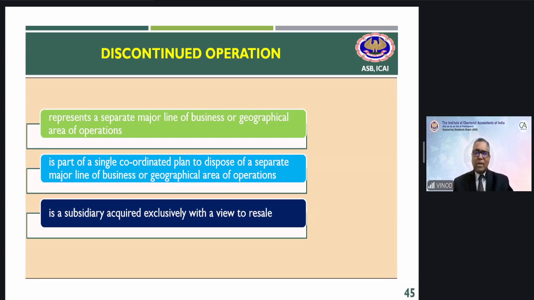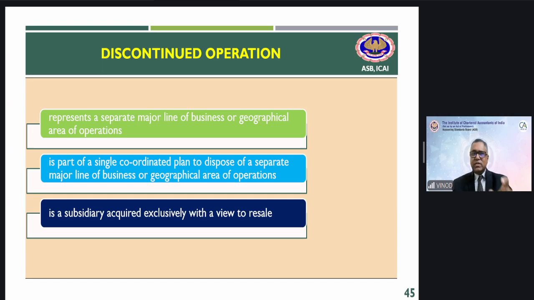Where maximum mistakes happen in India is the definition of discontinuing operation. Everything sold is not a discontinuing operation. That's the first thing we have to learn. A lot of mistakes happen here. Discontinuing operation means it must be a separate major line of business or geographical area, like North India, South India, Europe.